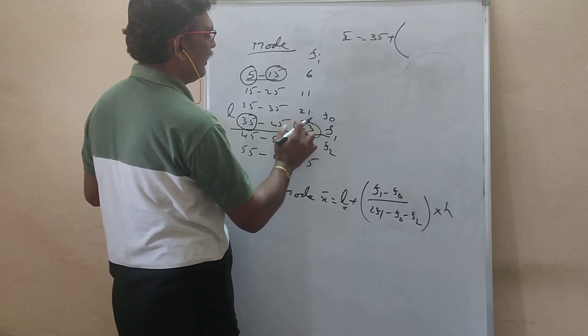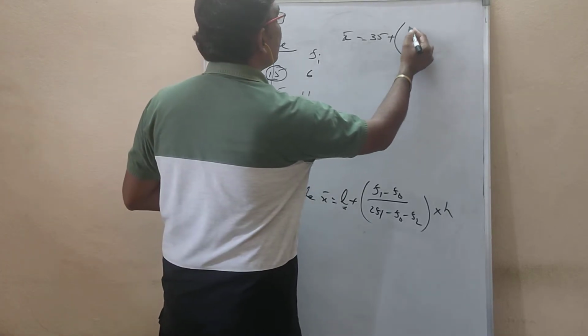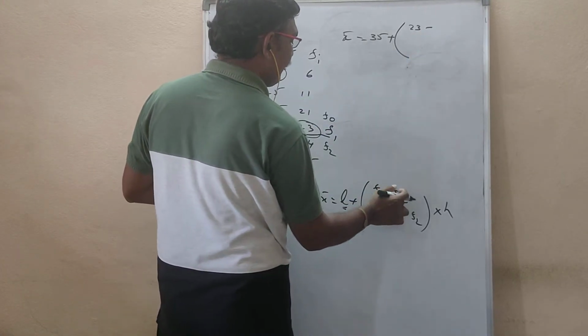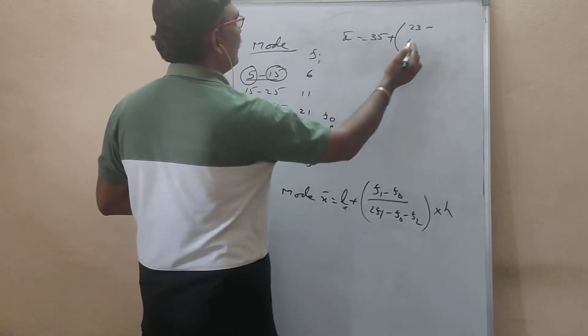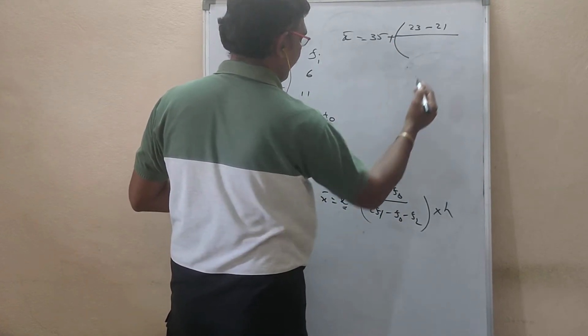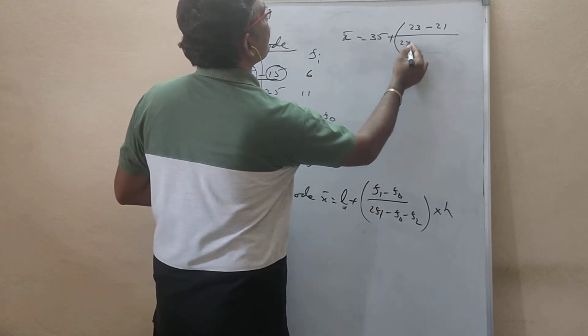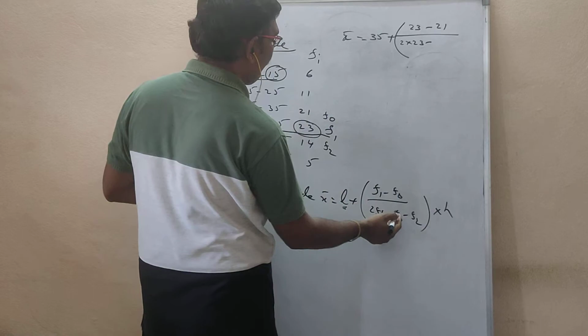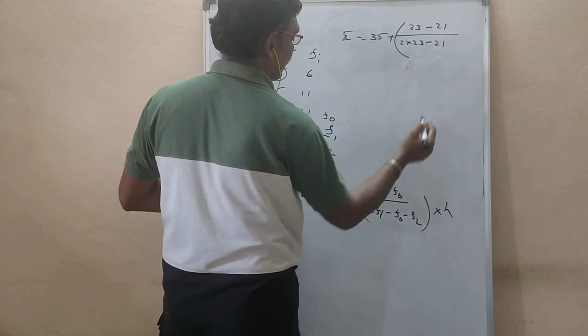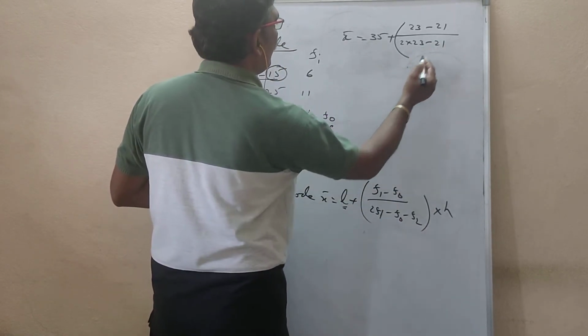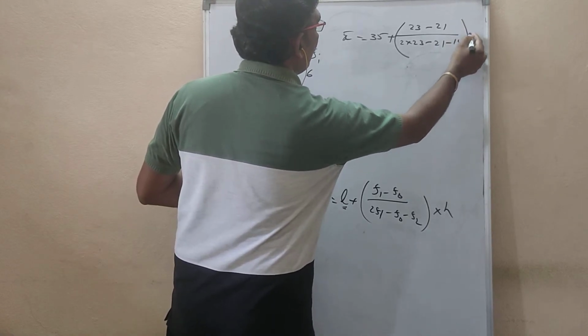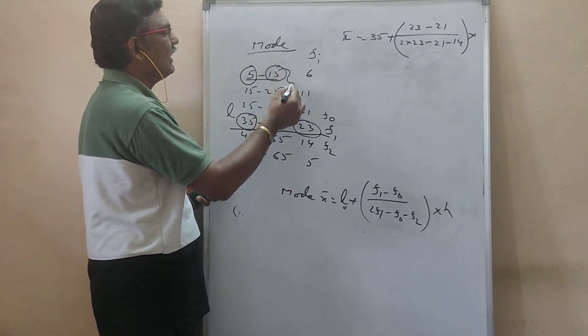F1 means how much is there? 23, minus F0. F0 is how much here? 21, by 2 into F1, 2 into 23, minus F0 21, F2 14, into H, the height of the class.